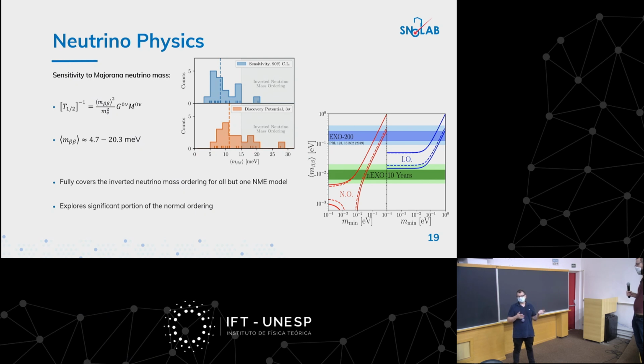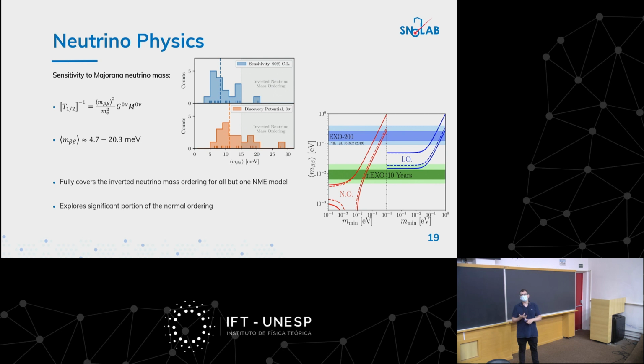It turned out that LEGEND won in every point, but they don't recommend LEGEND to be built alone. They want at least two technologies to be built, and they are planning three; tellurium-130 will be copied, but it's not as sensitive. So DOE said they want both LEGEND and nEXO to be built, one in North America, one in Europe, but they don't have money to fund any of them. So that's where the status is now.